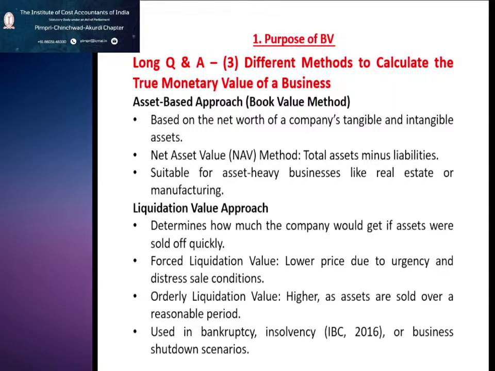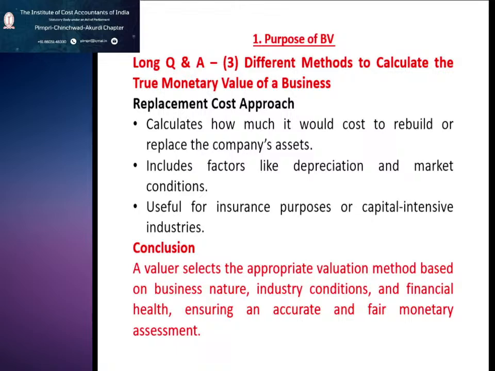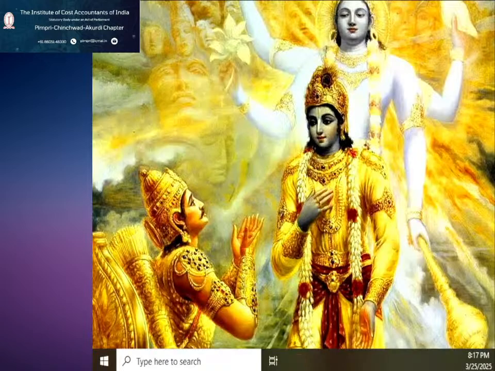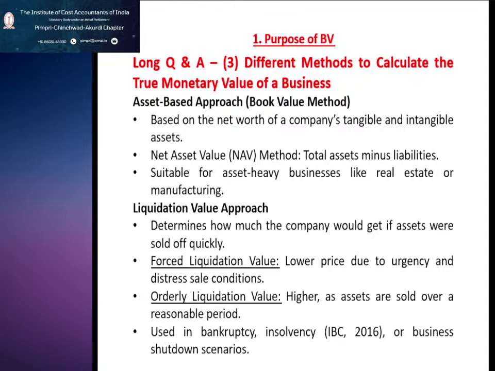The fourth approach is the liquidation value approach. Over here it determines how much the company would get if the assets were sold off quickly. Forced liquidation value, which is the lower price, and orderly liquidation value, which is like planned, in that case higher as assets are sold over a reasonable period.